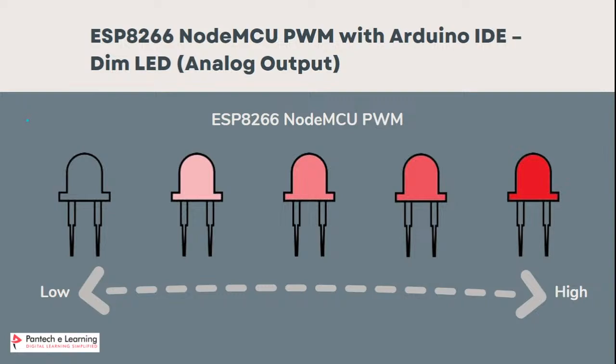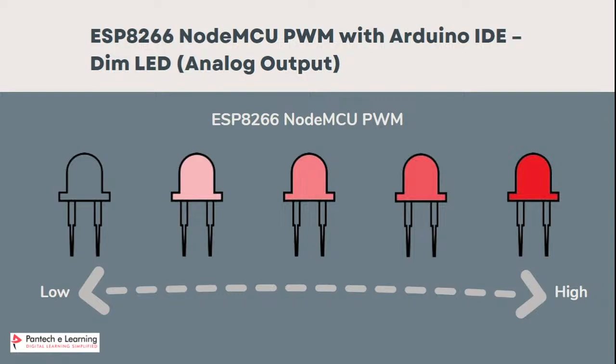If you know the answers, you can drop them in the chat box. Those who have knowledge of pulse width modulation, please drop the answers. Those who don't know, it's okay. Let's see. What are the two important parameters associated with a pulse width modulation signal?